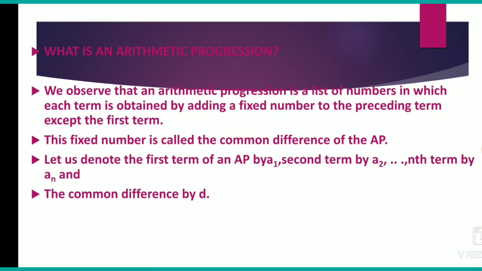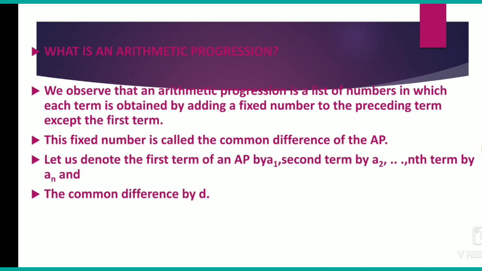Children, I am once again reading this definition. Just try to understand this one once again. We observed that arithmetic progression is a list of numbers. Already we observed so many examples. In that list of numbers, each term is obtained by adding a fixed number to the preceding term except the first term.